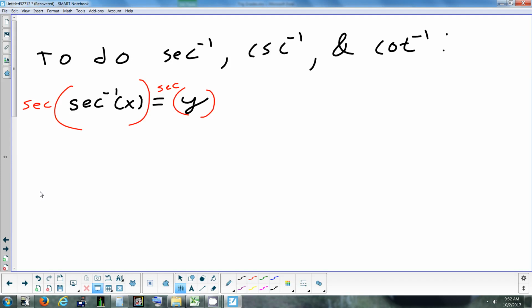Now, we haven't talked too much about this, but I have to just tell you this step before, but I don't think you can get it without it. Does anybody know what's going to happen with secant and inverse secant being right next to each other like that? They cancel out. Remember we said that inverse trig undoes regular trig, so it cancels out.